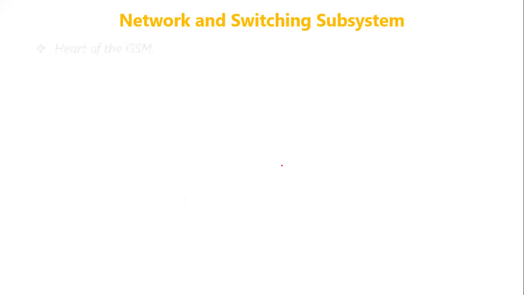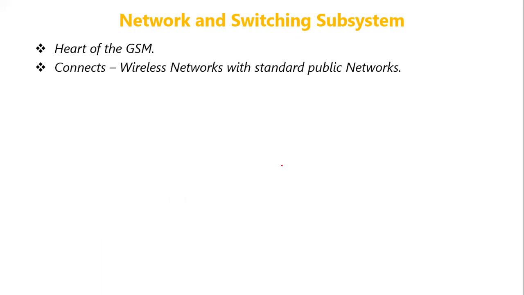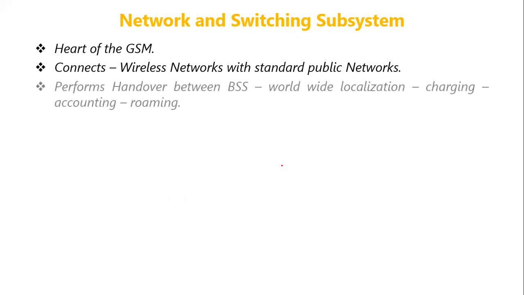The next subsystem that we will be discussing is the network and switching subsystem. This network and switching subsystem is the heart of GSM, Global System for Mobile Communication. The network and switching subsystem connects the wireless network with the standard public networks, and it performs handovers between different BSS.